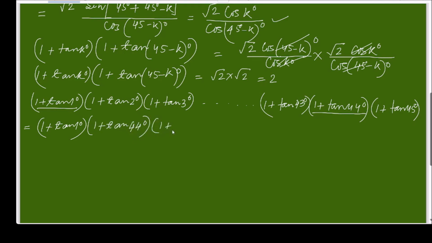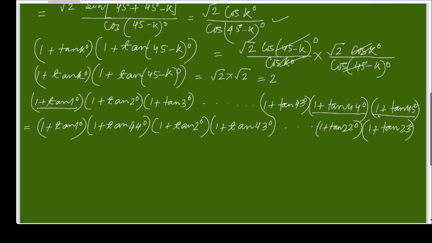Next 1 plus tan 2 degree with 1 plus tan 43 degree. So ultimately 3 will go with 42, and 1 plus tan 22 will go with 1 plus tan 23.